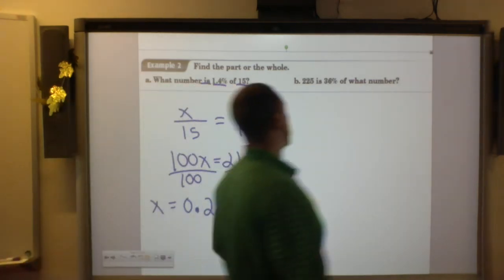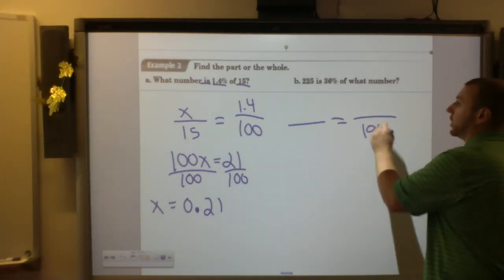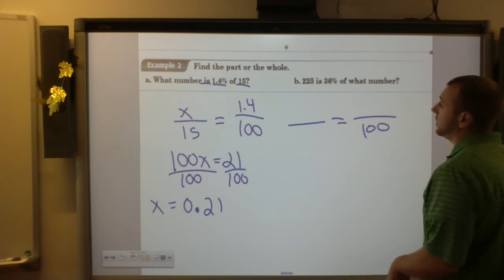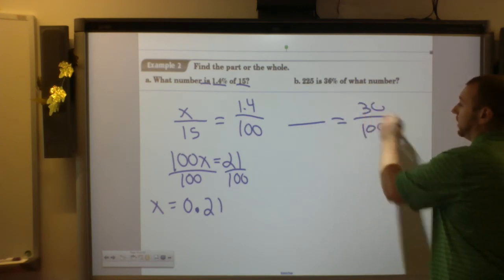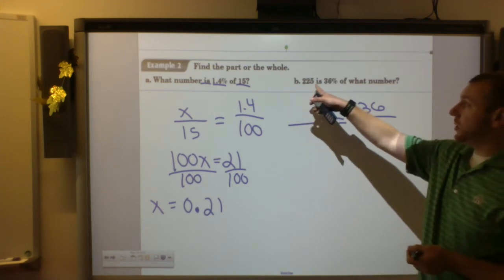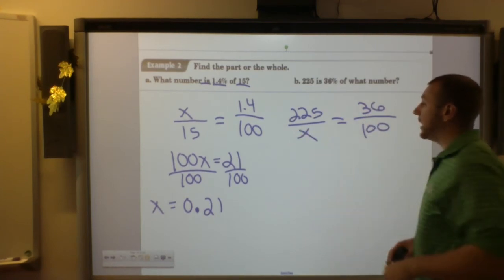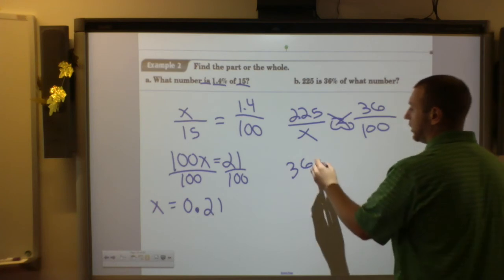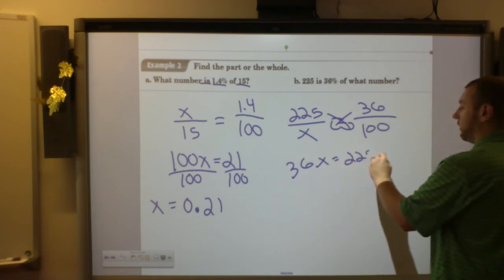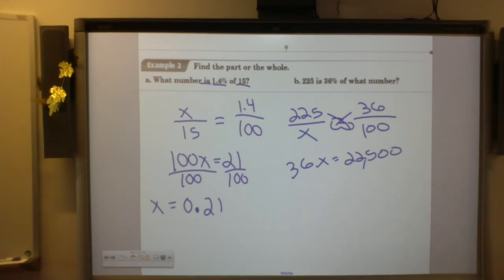Now I would repeat the process here. 225 is 36% of what number? Well, 36 goes above here. 225 is, that's my part, of what number? That's my x. So I would cross multiply. 36x equals 22,500.